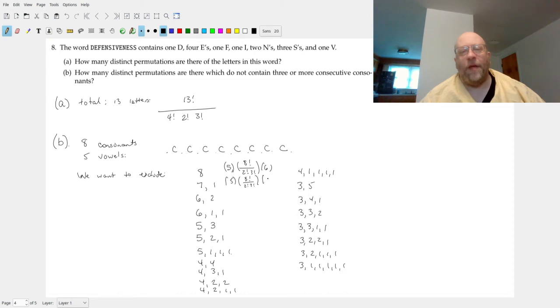And so that will be 6 places to put the first chunk, the 7 consonants, times 5 spots to place the other.